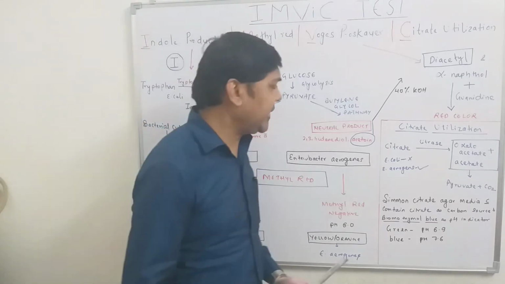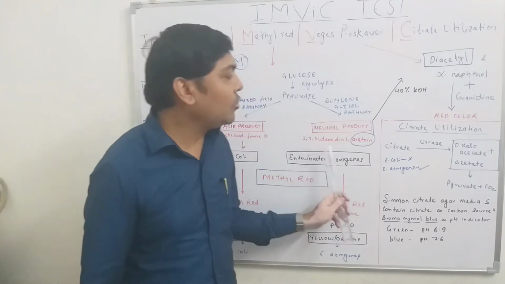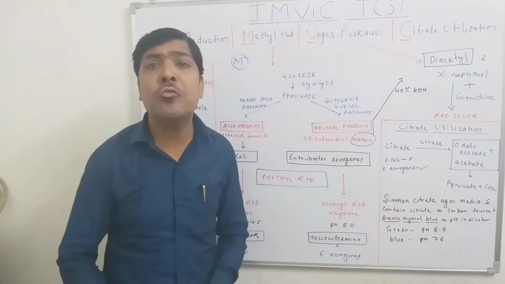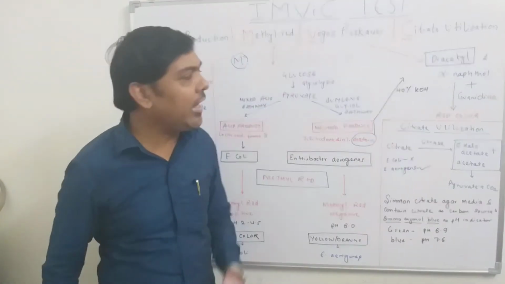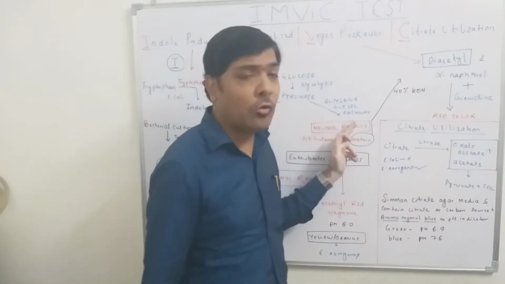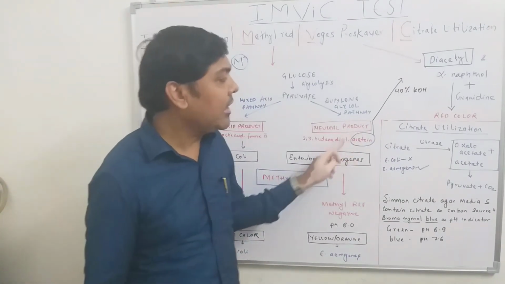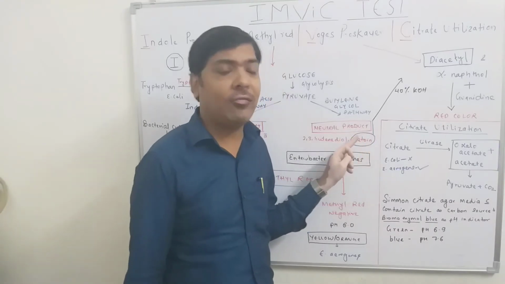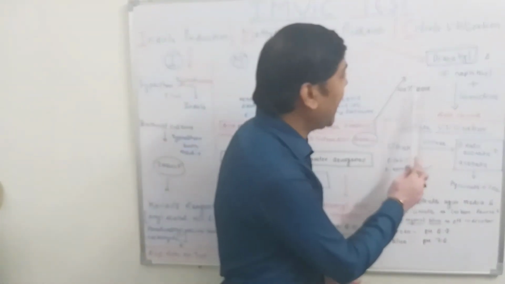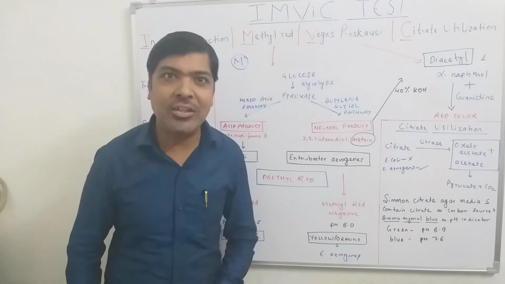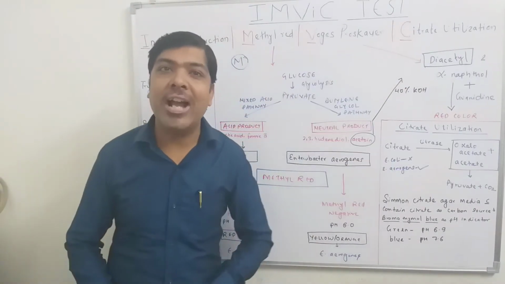These neutral products are 2,3-butanediol and acetone. So if glucose is converted into pyruvate and pyruvate undergoes the butylene glycol pathway in Enterobacter aerogenes, and neutral products are generated, then if we add 40% KOH, the acetoin will be converted into diacetyl.